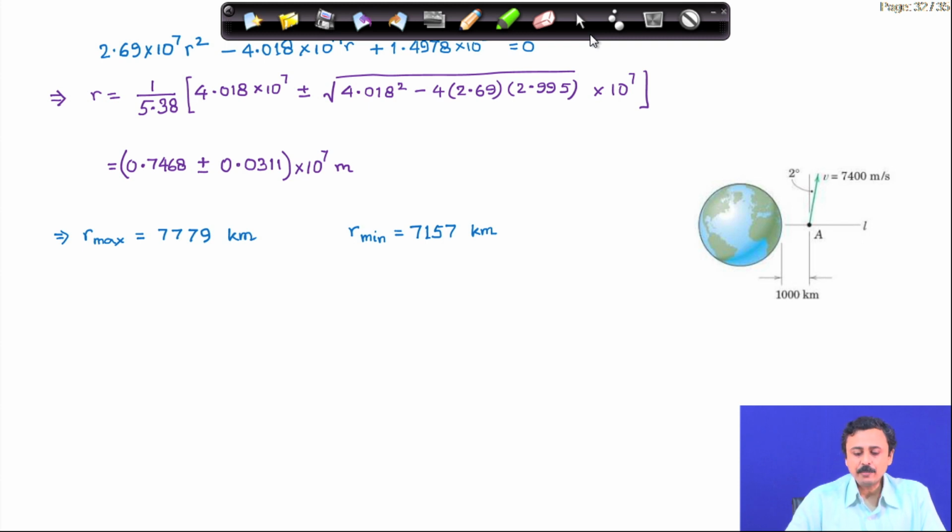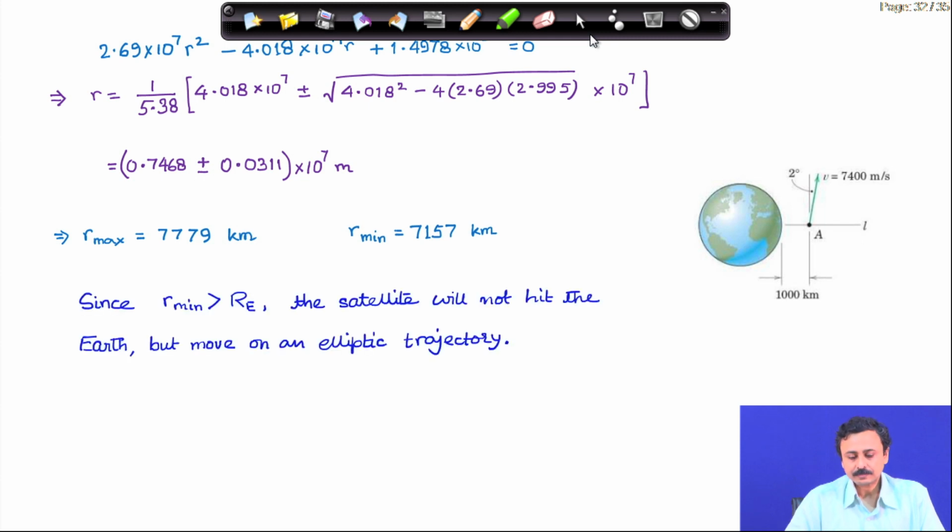You see this R min is 7157 kilometer, which is larger than the radius of the earth. Therefore, this is the smallest distance from the center of the earth. So, R min is greater than the radius of the earth, therefore, the satellite is not going to hit the earth, but keep moving on the elliptic trajectory.